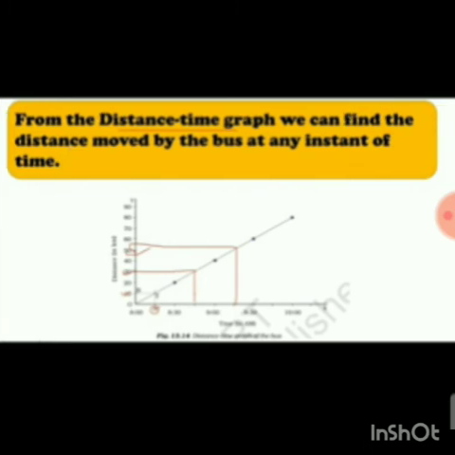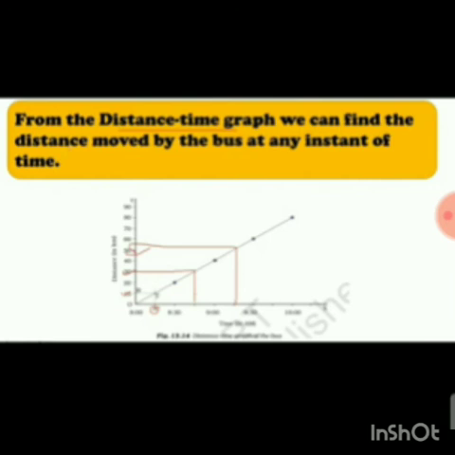Then from the distance-time graph we can find the distance moved by the bus at any instant of time. Same thing on the x-axis and y-axis: on the x-axis is time in AM, and on the y-axis is distance in kilometers. Here they have given 8, 8:30, 9, 9:30 and 10 as the time, and the distance as 10, 20, 30, 40.